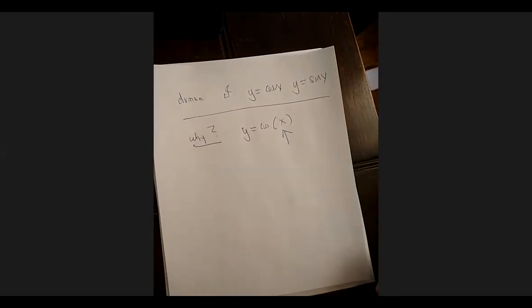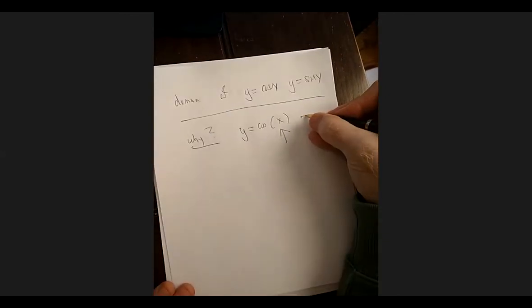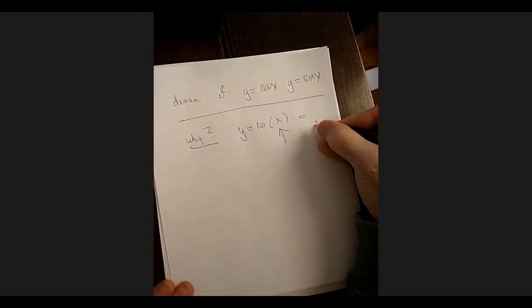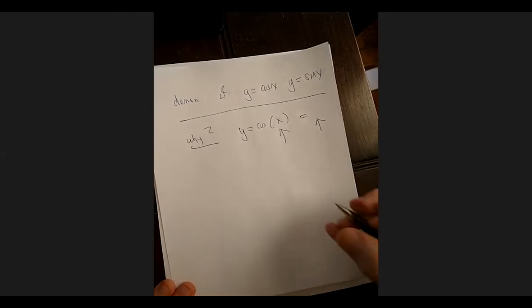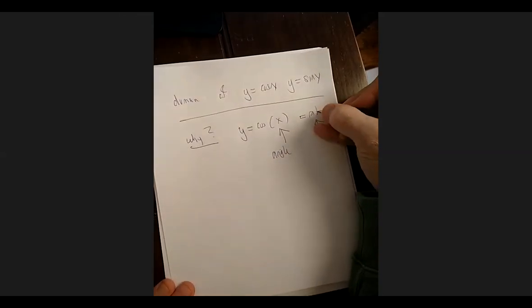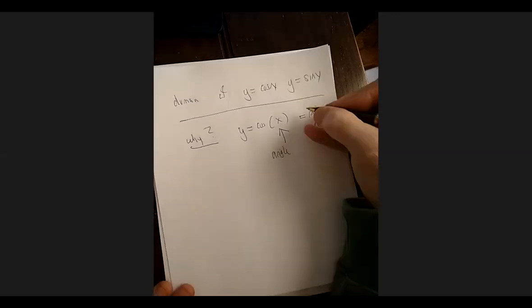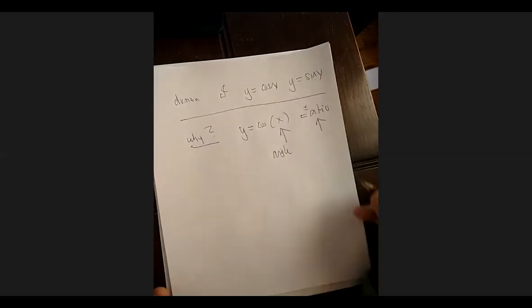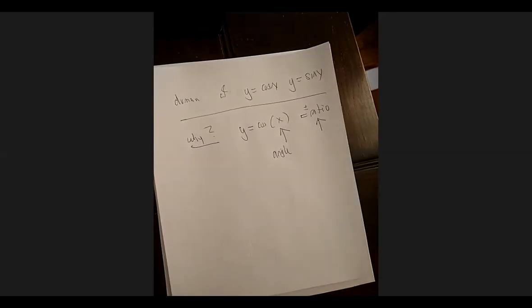What do we plug into the cosine and what do we get back? Well, you plug in an angle, and you get back a ratio. And we know how to make that ratio negative, so it's actually plus or minus a ratio. So what numbers are permissible for angles?